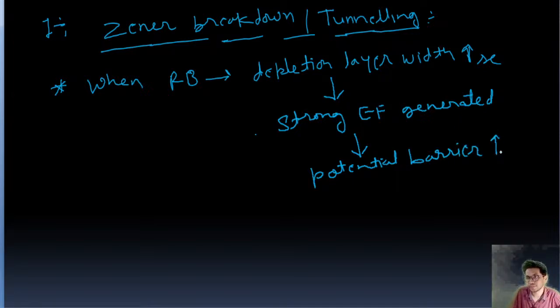So when reverse biased, the depletion layer width increases, which means a strong electric field is generated, and that implies the potential barrier increases. In the reverse bias case, the potential barrier will increase.